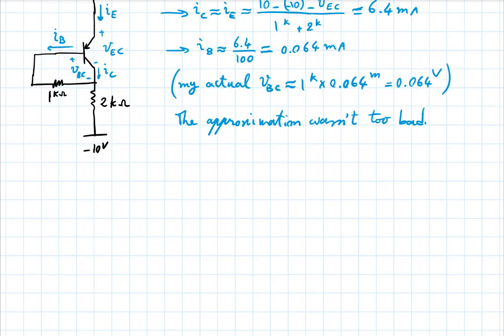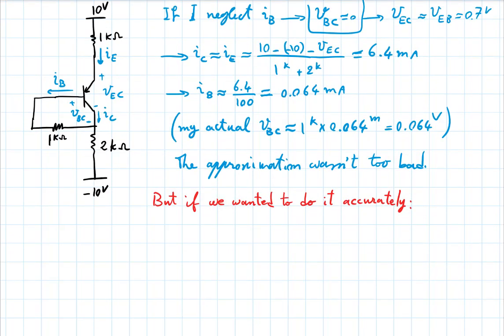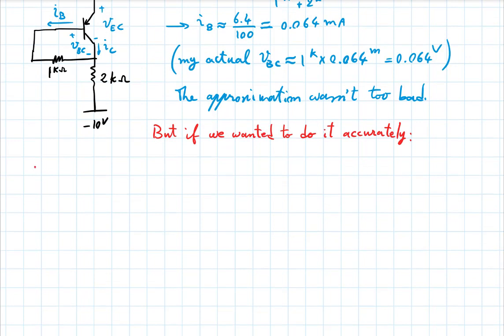But now imagine you want to do it accurately. Let's not neglect IB. Let's write the equations. I have the voltages labeled like that, and the currents. What are the things that I know? I know that VEC is VEB plus VBC, right?